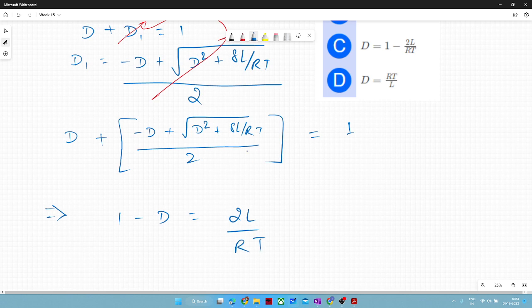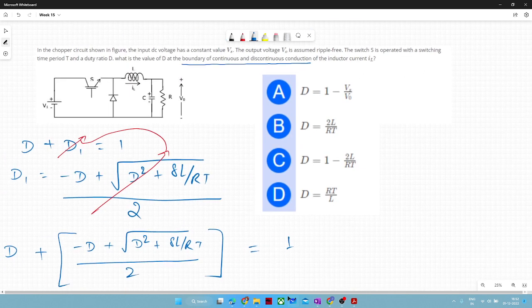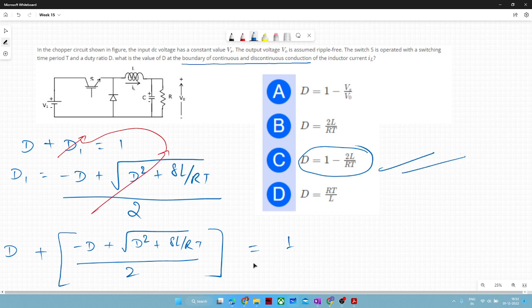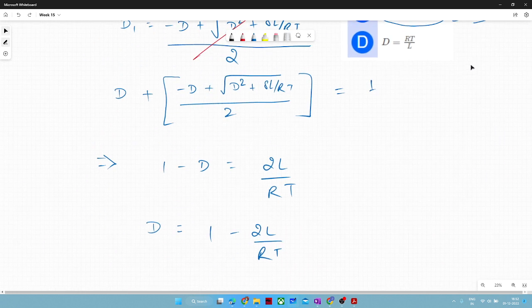If you solve this expression, which I guess is not that tough, one or two steps I am skipping here just for the time, you can write D is equal to 1 minus 2L by RT, which was present in the options. Okay. So this was, I guess, a GATE 2002 problem. If you go and see, you will find this problem in your previous year questions.